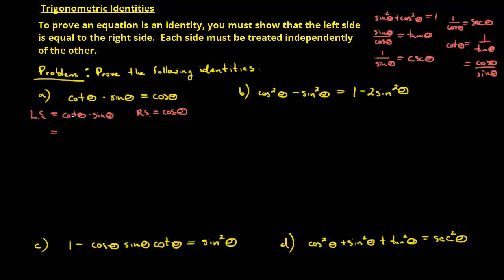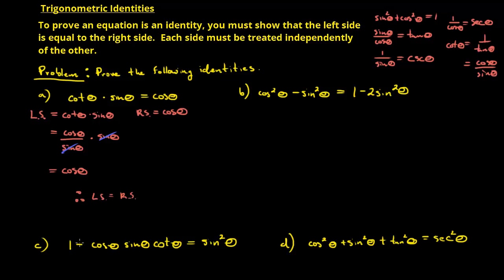So I'm going to replace cotan of theta with cos theta over sine theta, times sine theta. Now, I have a factor of sine theta in both the numerator and the denominator, so those divide out, and I'm just left with cosine theta. So I've shown, using the quotient identity, that the left side is equivalent to the right side, and thus I have proven this identity. Therefore, the left side is equal to the right side.